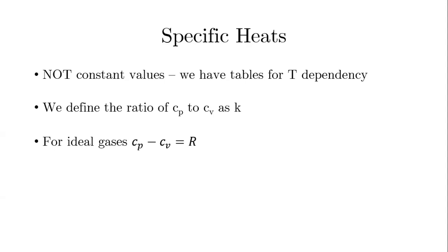If I know the CV of an ideal gas, I can get CP with R. So in an example, I may give you CV equal to 3 or something, and then you can find CP from this relation. If I just say an ideal gas, and I give you a CV and you need CP, you can use this relation to find CP.